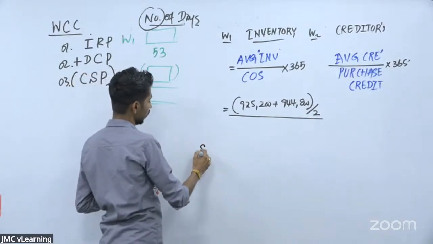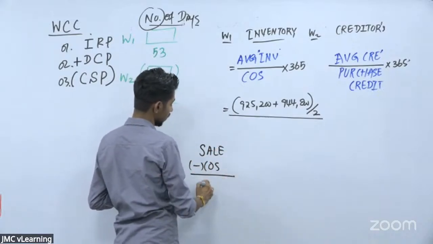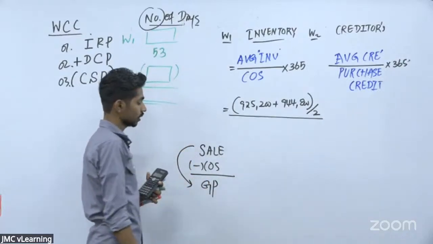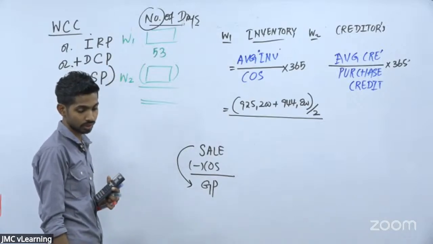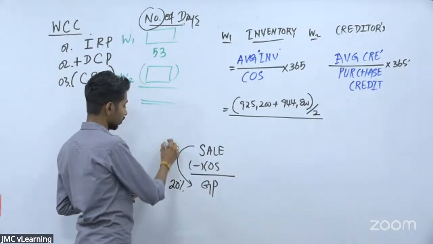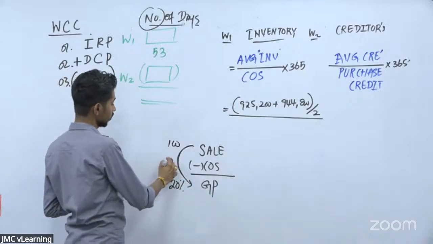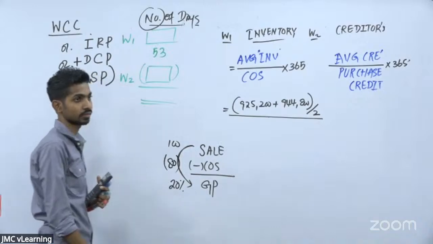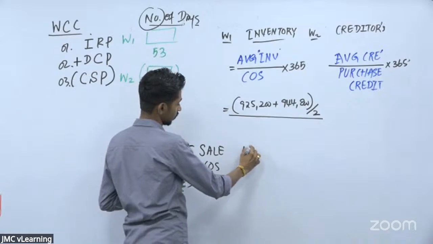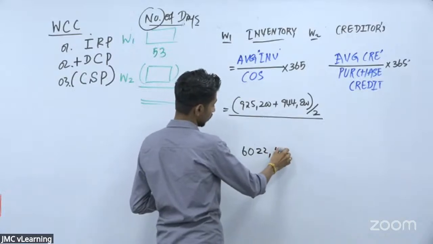Generally, we have sales, cost of sales, then gross profit. In this question, the gross profit margin has been mentioned based on the sales figure. Gross profit margin is how much? 20% based on the sales. Then cost of sale is how much? 80%. Sales is 6,022,500.